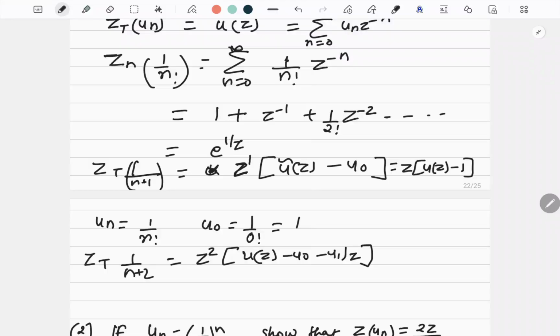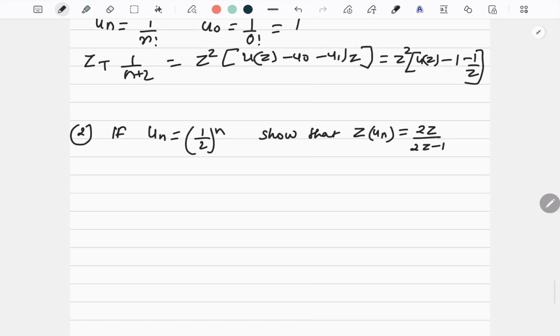So this becomes 1 by z. So this value will be z square U(z), u_0 is 1, and u_1 by z. So u_1 value, 1 you are putting, so minus 1 by z. So this is how you can find out the values.